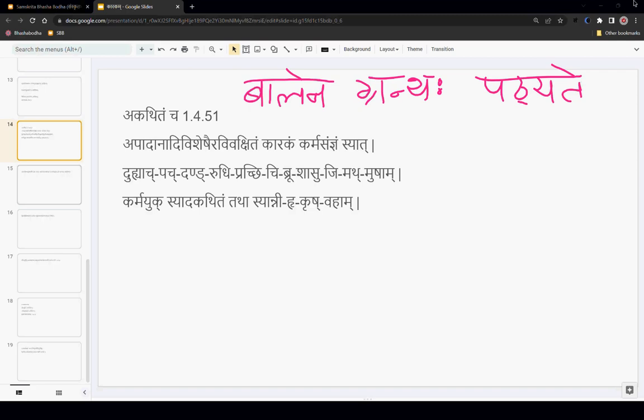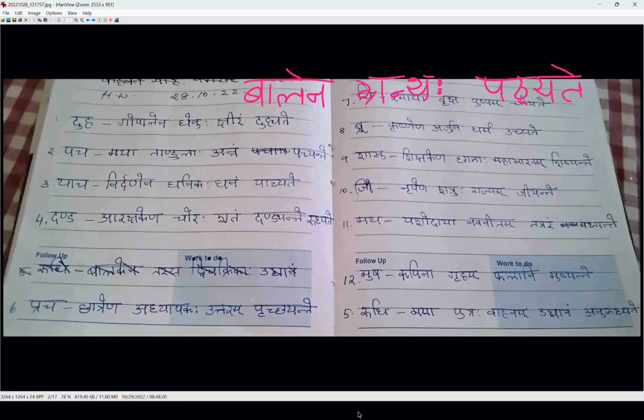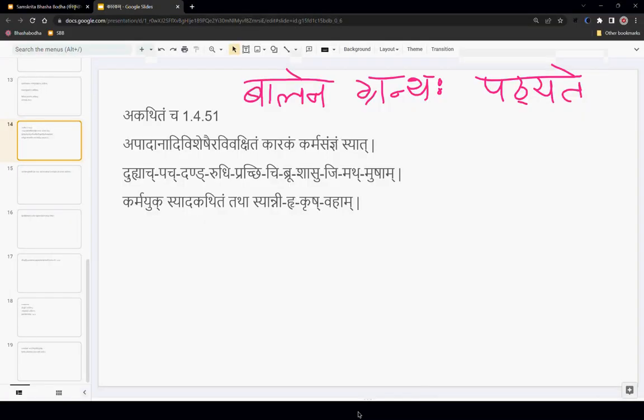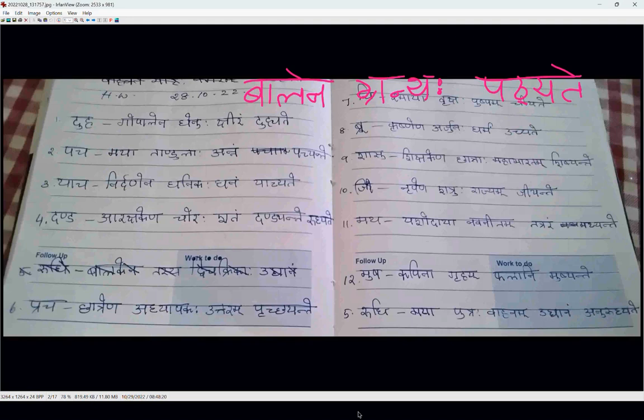So if we take this example here, Gopalena dhenuh kshiram duhyate. In the kartari prayoga, how will the sentence be? Gopalena dhenuh kshiram duhyate. Nirmala Bhagini, what is the sentence in the kartari?